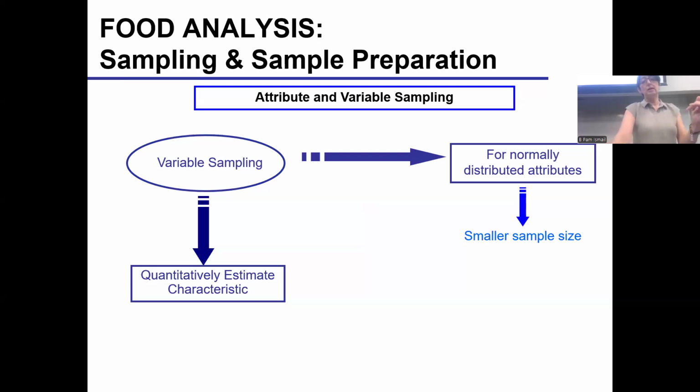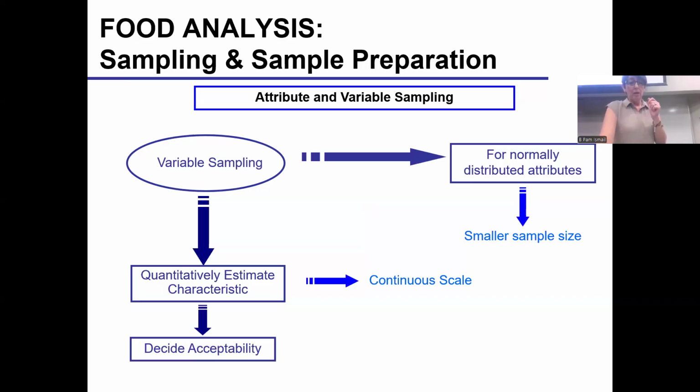Usually it's a quantitative estimate, so it's not just presence or absence. You actually get a concentration most of the time, or a relative percentage, a quantitative number on a continuous scale. And then you decide acceptability.